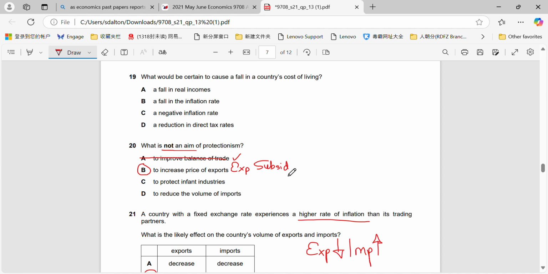So we want their prices to be lower to make them more price competitive for international trade. We also use it to protect infant industries, aka sunrise industries, industries we feel will be important in the future, and we also use them to reduce the volume of imports through, for example, a quota or an embargo, which would be a limit in the quota's case on the number of imports that can come into the country.